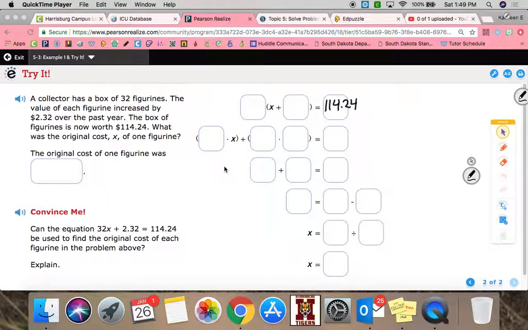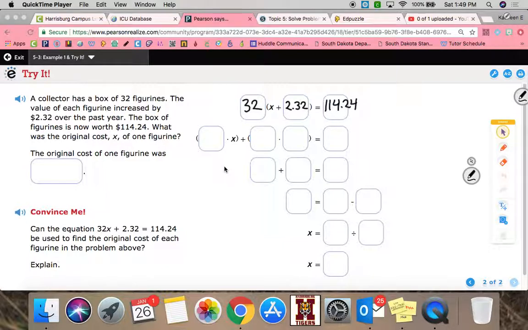A collector has a box of 32 figurines. Anytime it says someone has an exact multiple of the exact same thing, that's where a distributing instance is going to come into play. Then the original cost of the figurines was x, and they increased each of them by $2.32 over the last year.